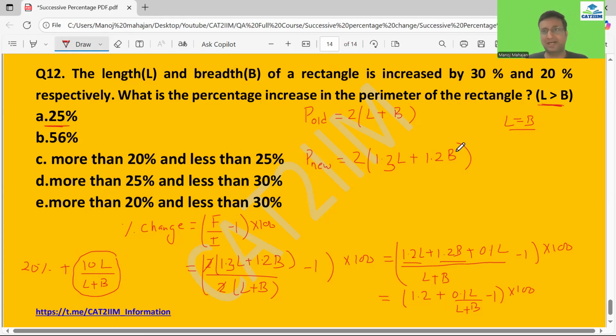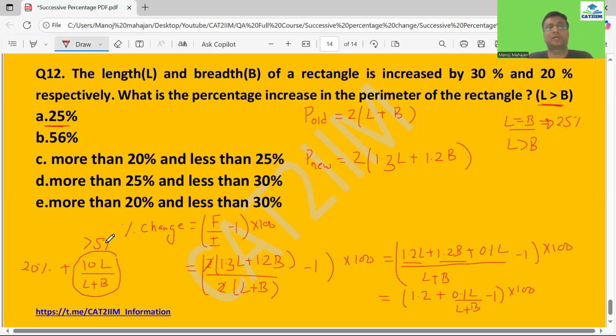So you can understand that if L is equal to B, the percentage increase in the perimeter of the rectangle we got is 25%. So if L is more than B, in that case, this figure would come out to be slightly more than 5% for sure.